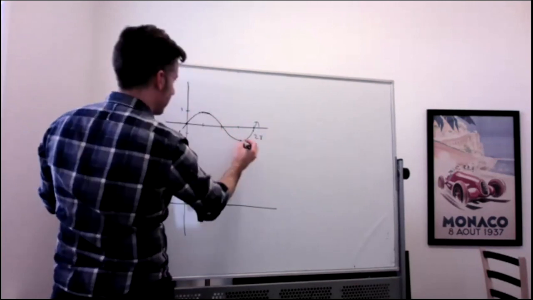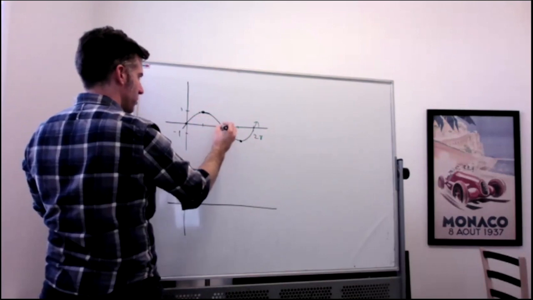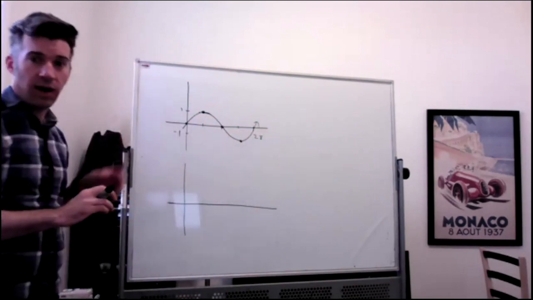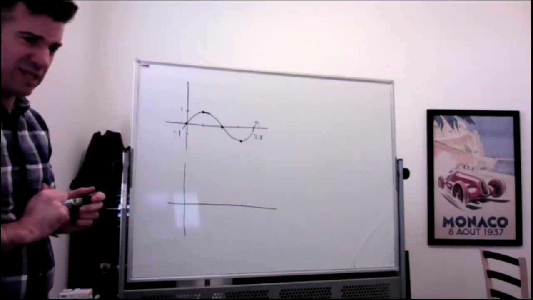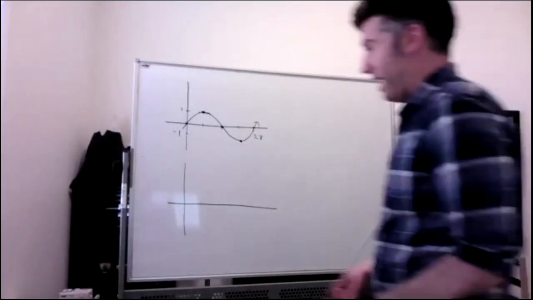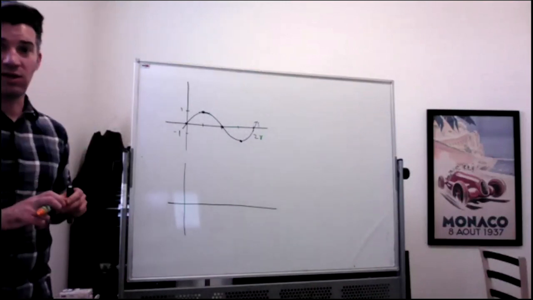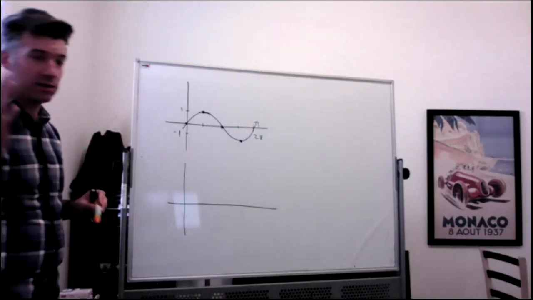And this is a great example of how using the graph to find the derivative is actually really, really nice. So, as is typical with the sine or cosine function, I often like to look at the 5 important points.